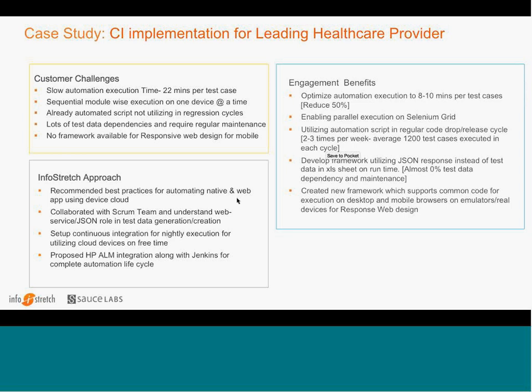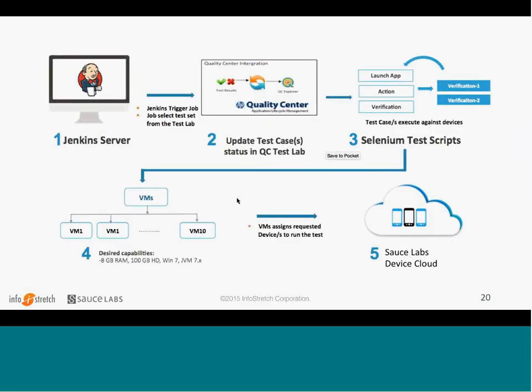We used Selenium Grid on a device cloud, running the regression test suite 2 to 3 times per week, on average about 1,200 test cases executed in each cycle. And this was achieved using CI integration and CI tools. As you can see, this was the architecture.